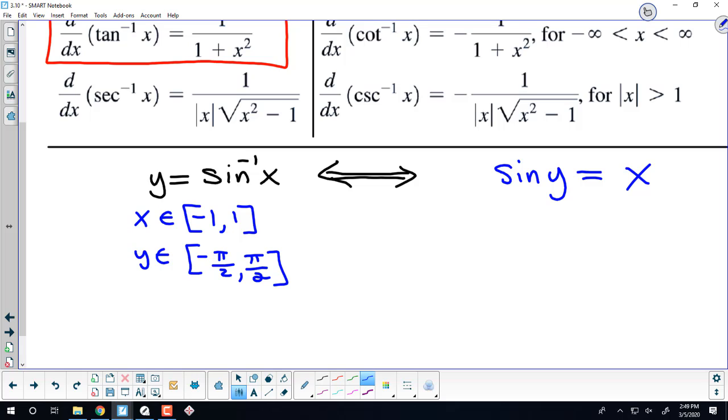So if y is inverse sine of x, that means the sine of y is x. And then we have implicit differentiation, because we know how to take the derivative of sine, and we know how to take the derivative implicitly. So with implicit differentiation, what's the derivative of the sine of y?